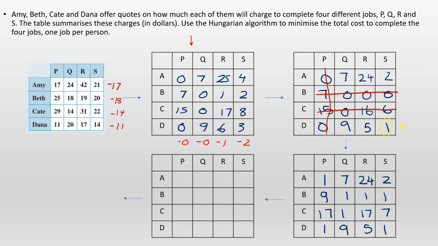Okay, so the smallest number in the entire new table is the number 1. So we now need to subtract that from every single number. So write that in our new table.